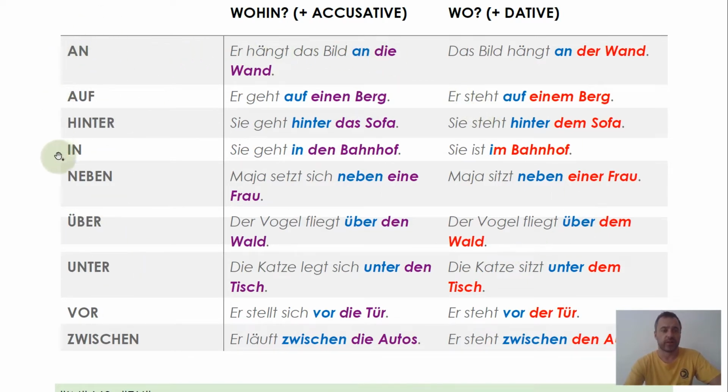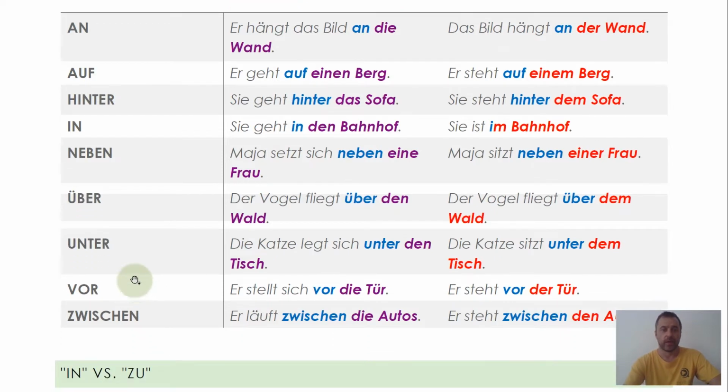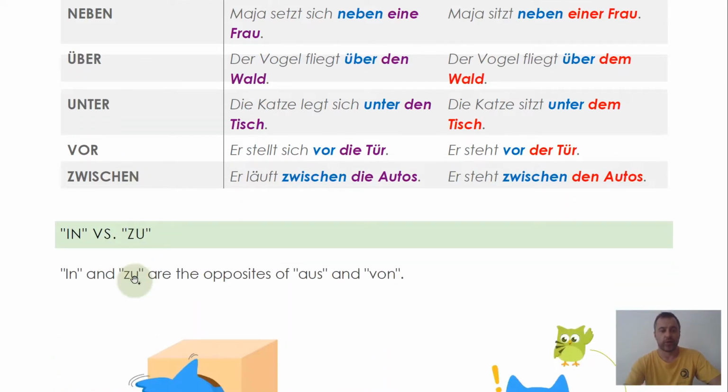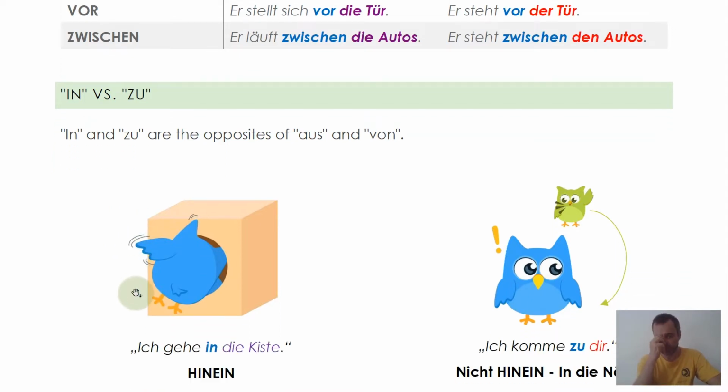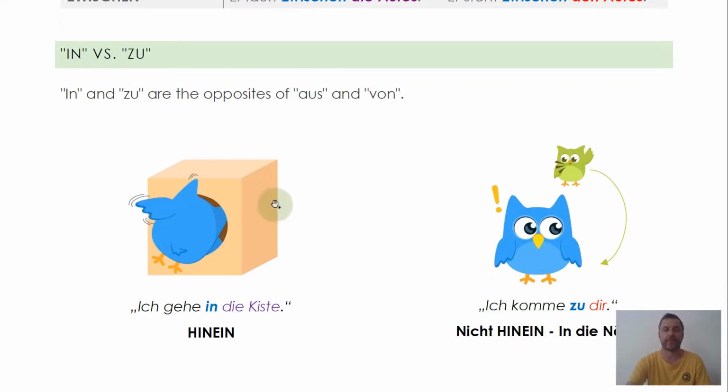Here, you notice those are all the prepositions that you can use to answer the question wo. All of them are two-case prepositions except for bei. And in the case we use bei, we have in or zu. Because there is a slight difference, similar to the difference between aus and von.